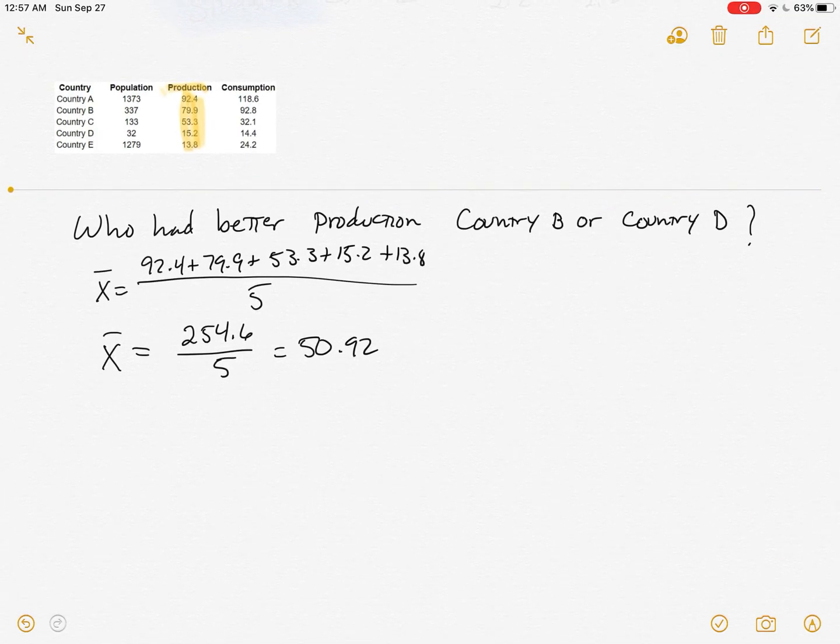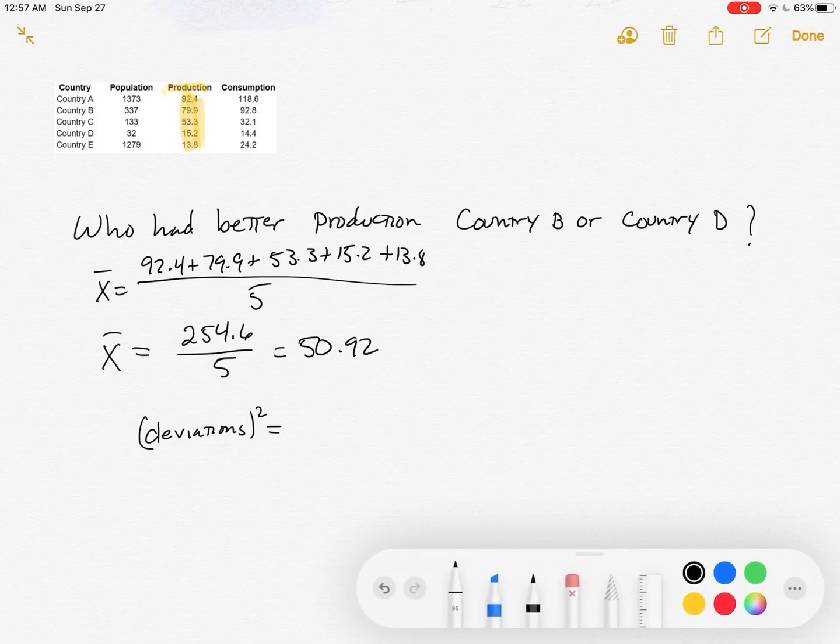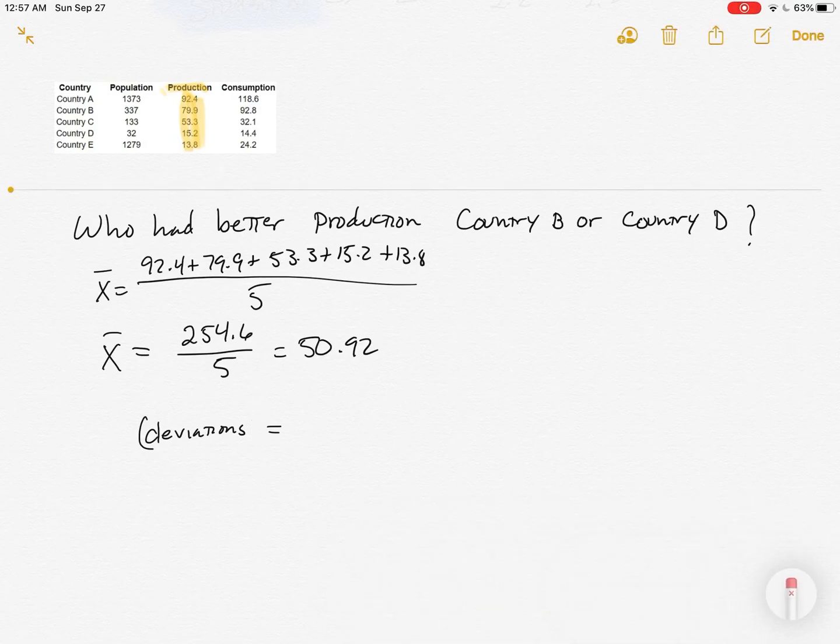So now, if you remember how that worked, I got to take the 50.92 to get each one of the deviations, and then I need to square it. Apologize. Let me come in here and not skip steps.